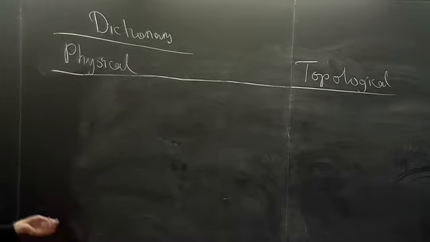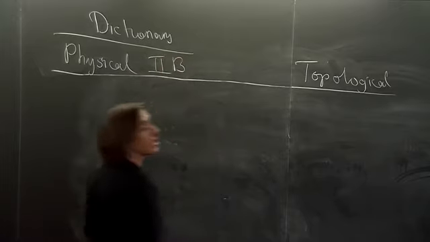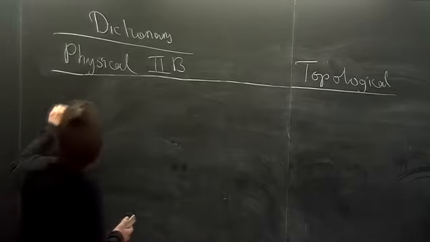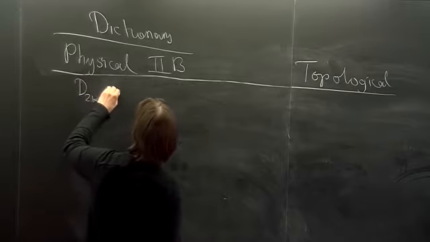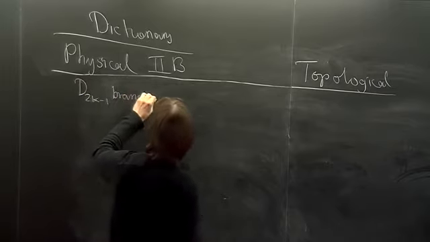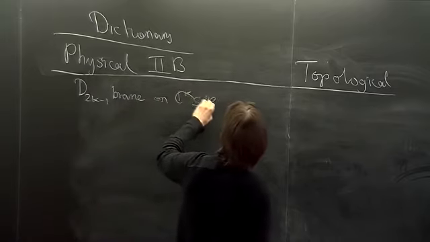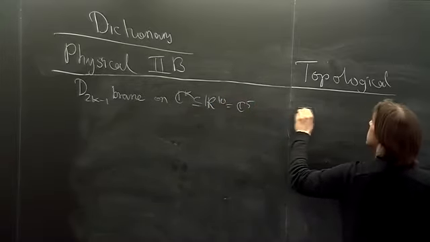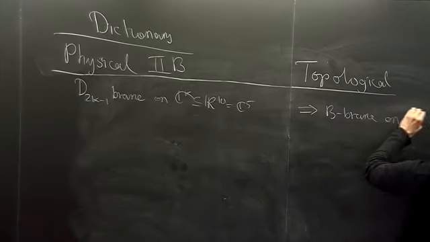So the easiest part is branes. So in the physical type 2b, I have branes with an even-dimensional world volume. So I can take the D(2k-1) brane on some copy of C^k, and this will become the corresponding B-brane on the same space.